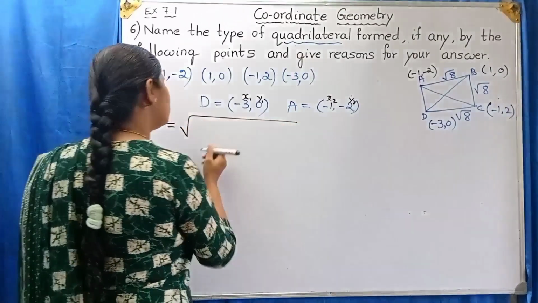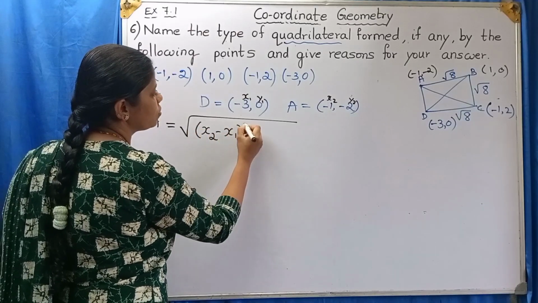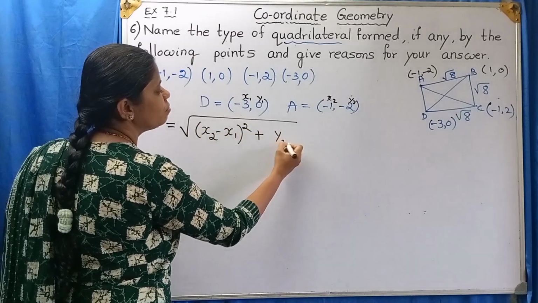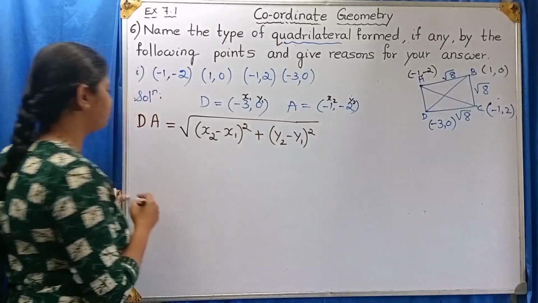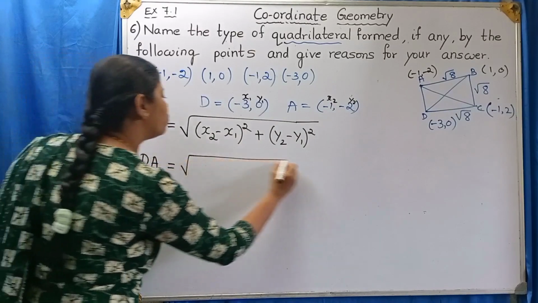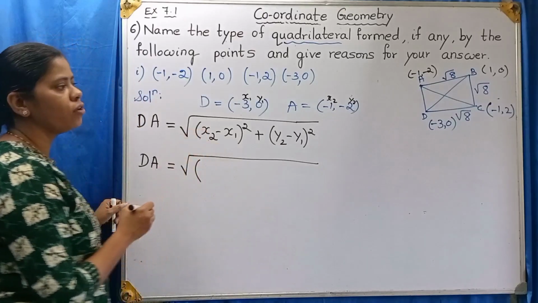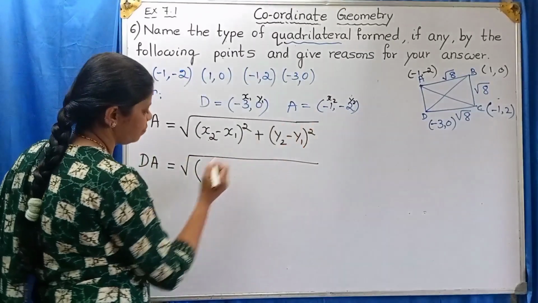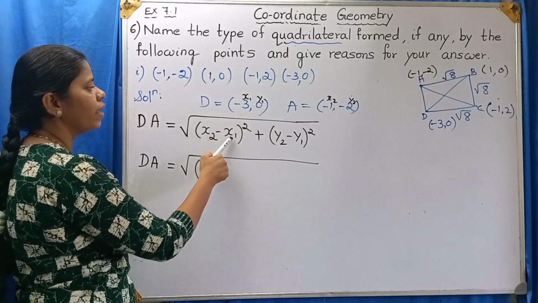DA is equal to square root of x2 minus x1 the whole square plus y2 minus y1 the whole square. Okay. DA is equal to square root of, for this bracket let us write bracket x2. The value of x2 is minus 1. Minus 1. For this minus let me write minus x1.